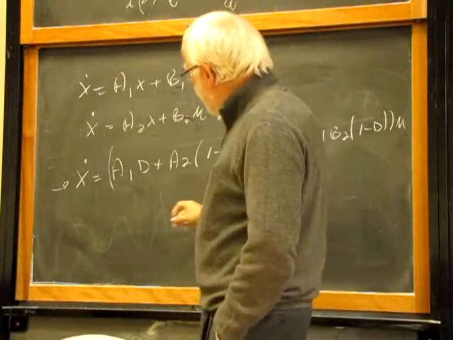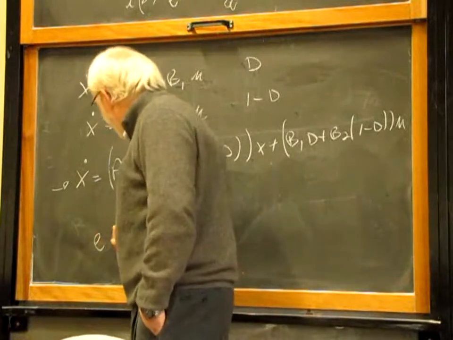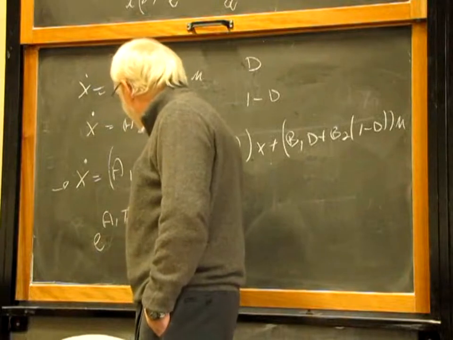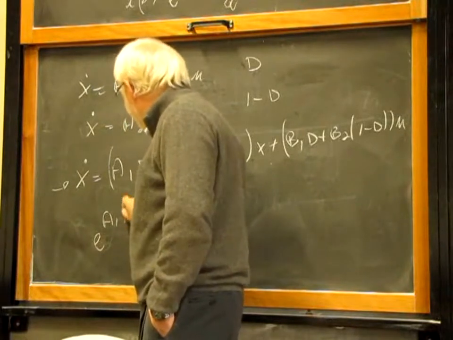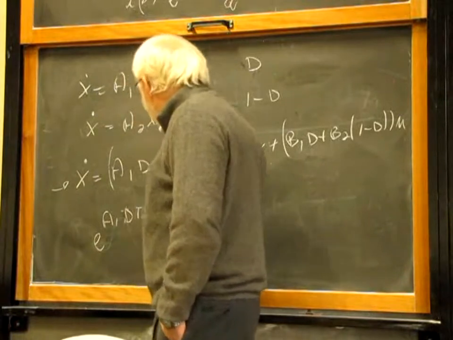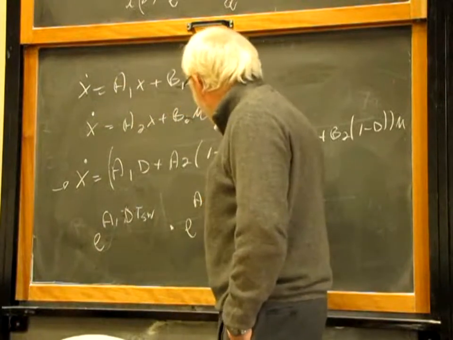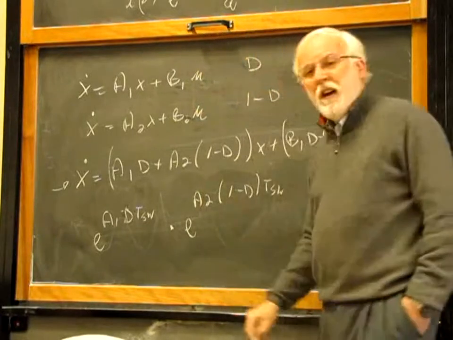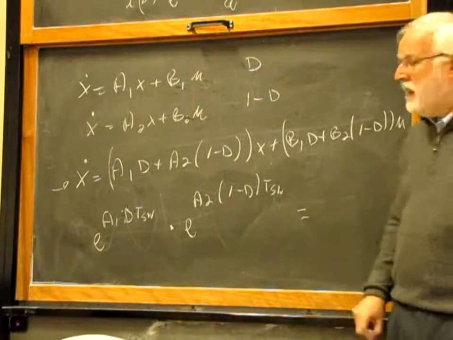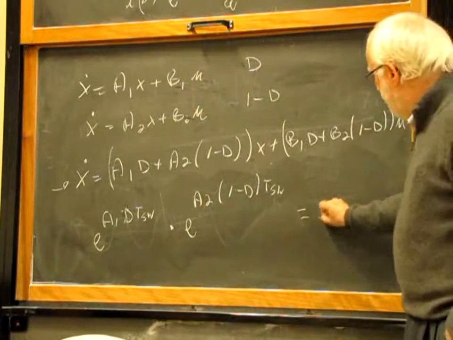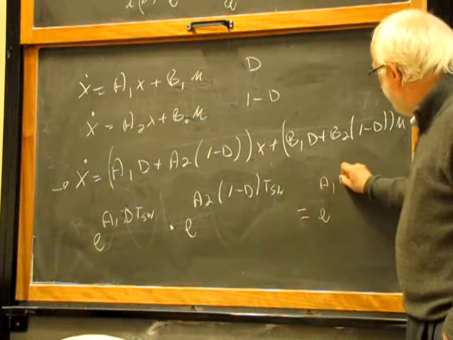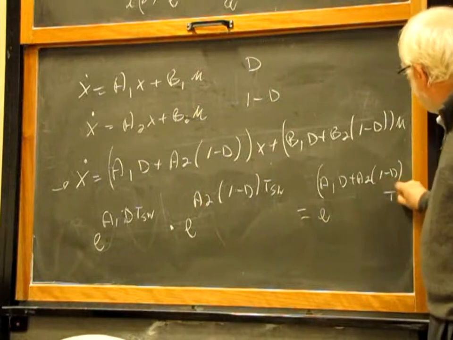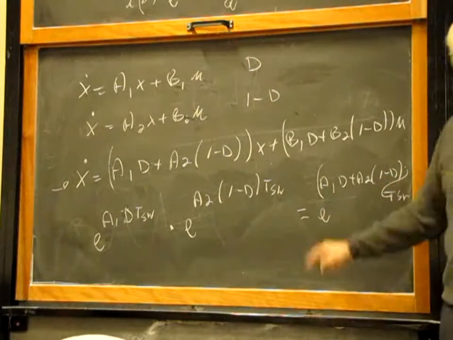The solution should be something like e to the A1 times D, the switch, times e to the matrix A2 that multiplies 1 minus D, the switch, equal to e to the A1 D plus A2 times 1 minus D. This is not right.